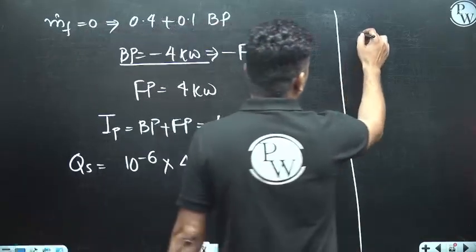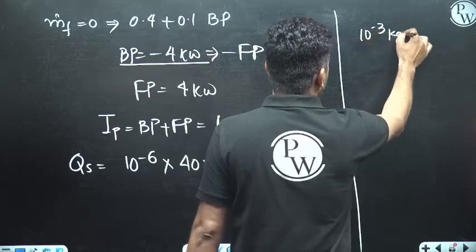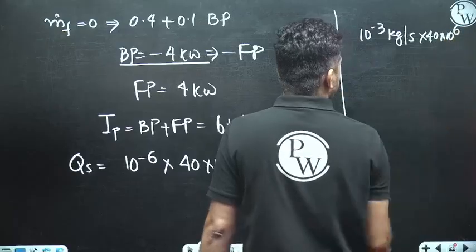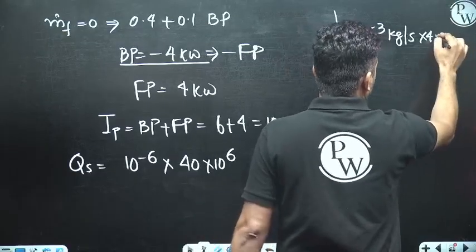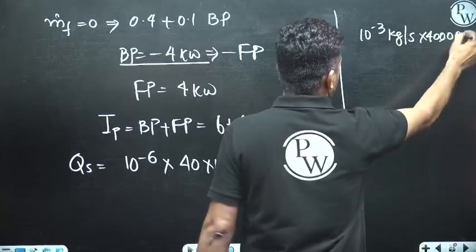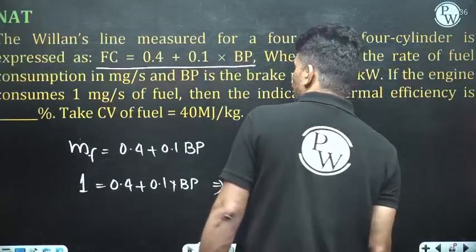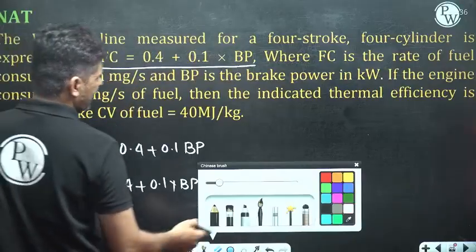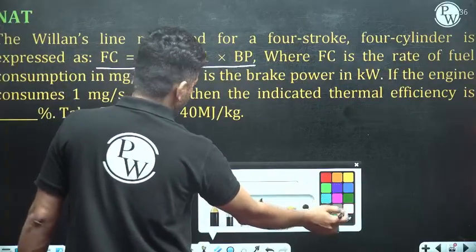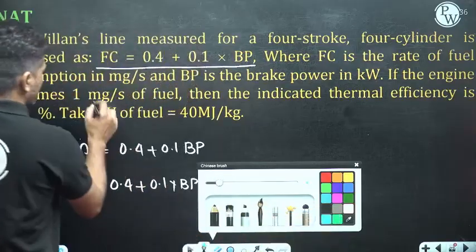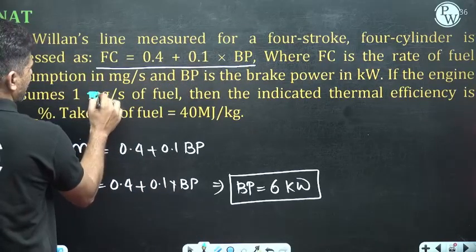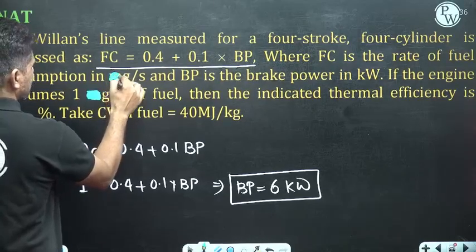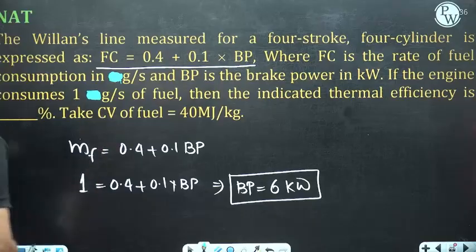So 1 gram per second is 10 raised to power minus 3 kg per second multiplied by 40 into 10 raised to power 6, or 40,000 kilowatt. So guys, this is not 1 milligram per second, it should be 1 gram per second. Slight change over here. Again, this should be gram per second.